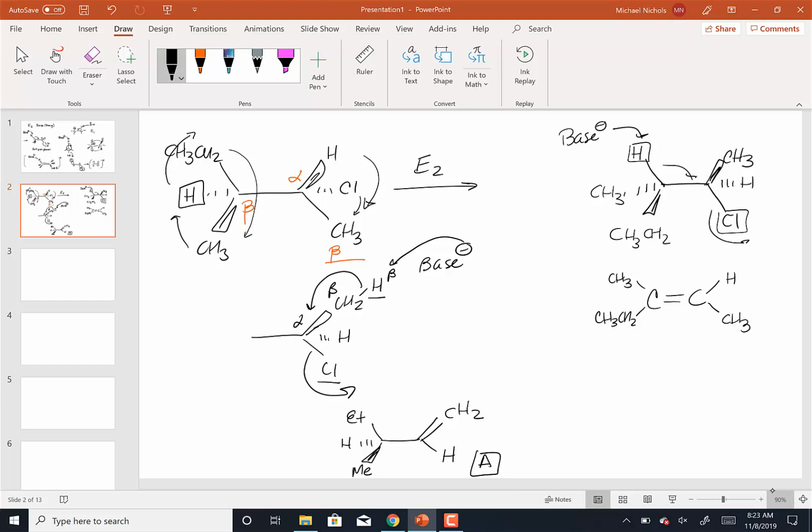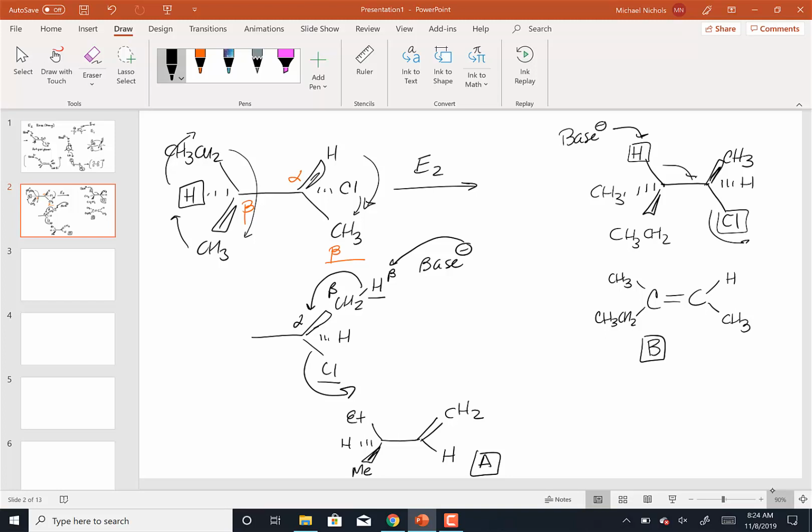The other can't be formed because the beta hydrogen, when it's anti-periplanar to the leaving group, only gives this stereochemistry. So this is product B. That's the critical part, that the bold have to be cis and the dashed have to be cis.